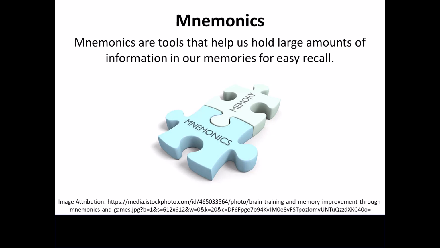A rhyming mnemonic uses rhymes to help us remember pieces of information like I before E except after C. An acrostic is a word in which each letter of the word represents a concept or piece of information to be recalled, like HOMES for remembering the Great Lakes. An acronym is a saying in which the first letter of each word stands for a different concept, like Please Excuse My Dear Aunt Sally for remembering the order of operations in math class.